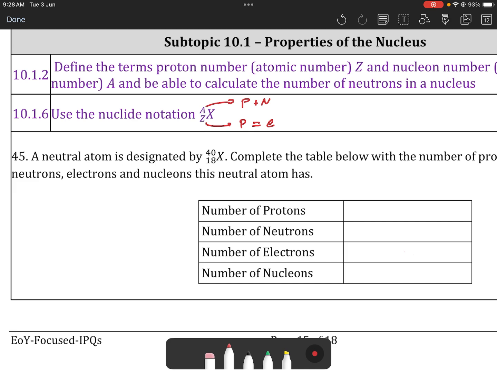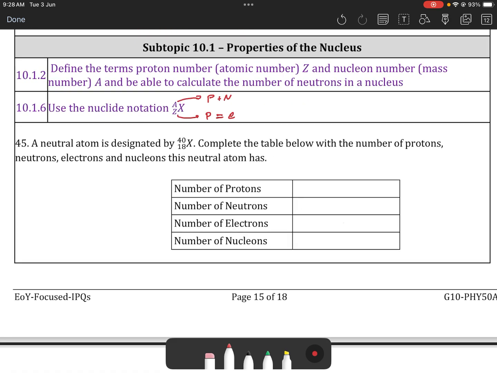So for this element, what is the number of protons? It's 18, because it's given here. What is the number of neutrons? We know that A is protons and neutrons, Z is protons, so the number of neutrons equals A minus Z.